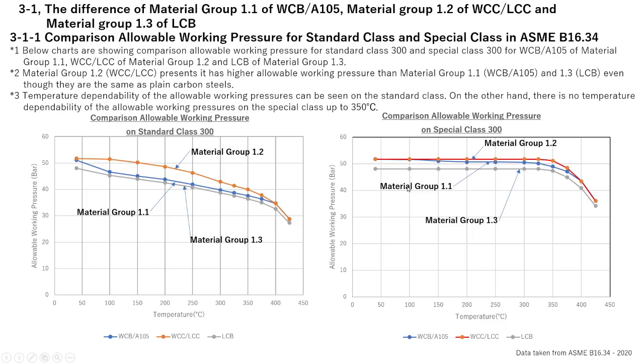And this special class 300 allowable working pressure curve is very similar to the tensile strength curve. The stable temperature is 350 for one, and for tensile strength the stable temperature is 400.